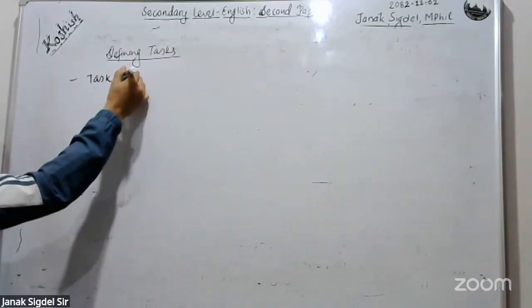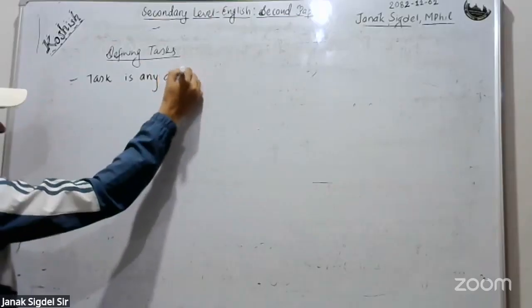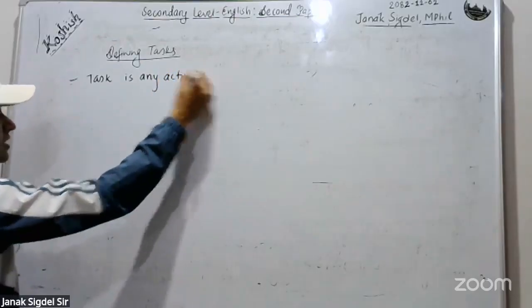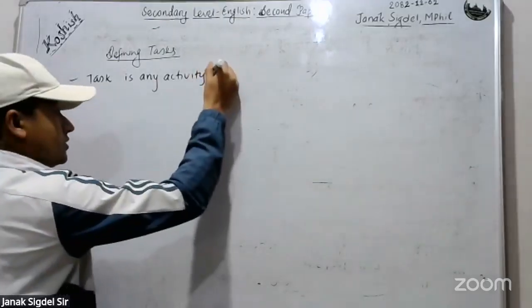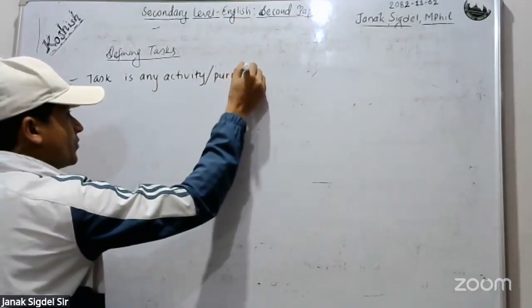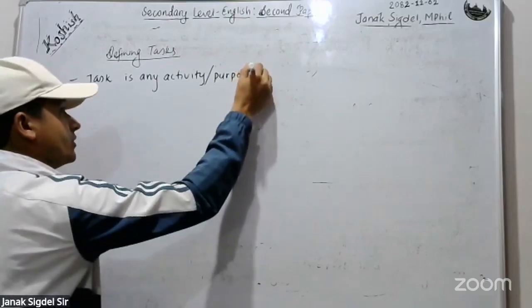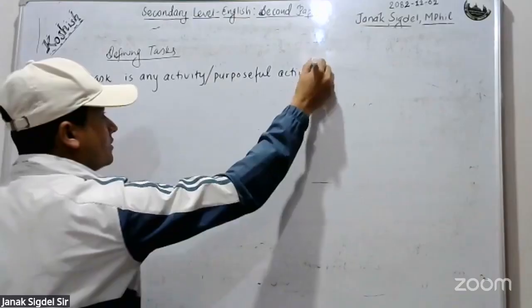task, okay, remember task is any activity. Now look at here, any activity. This is any activity. So you can simply say purposeful activity. Okay, purposeful activity, right?